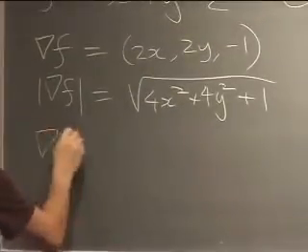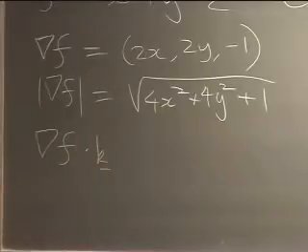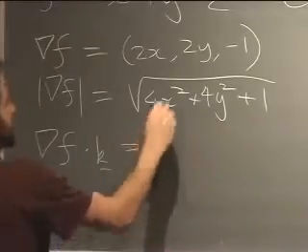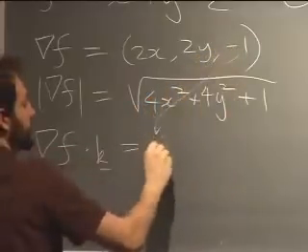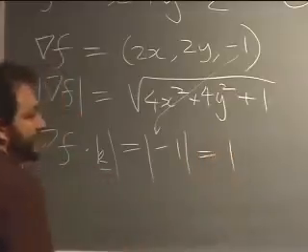And we also need the k component, the z coordinate of this, which is just minus 1. And we need the absolute value of that, so it's 1.